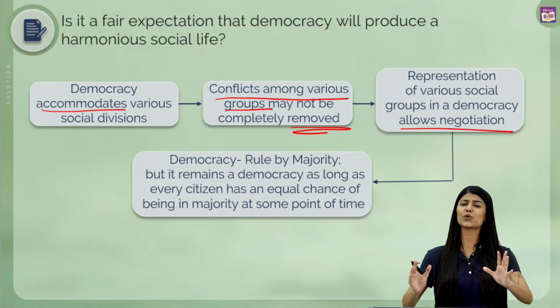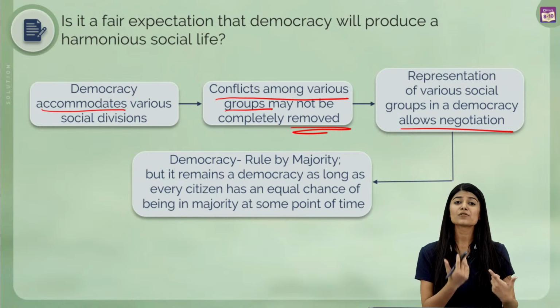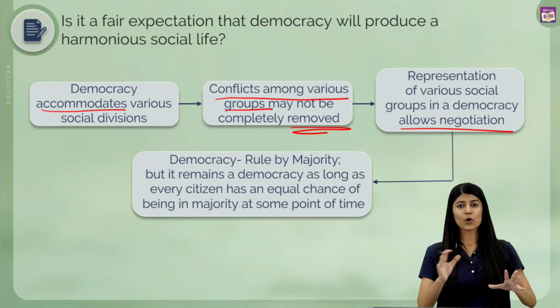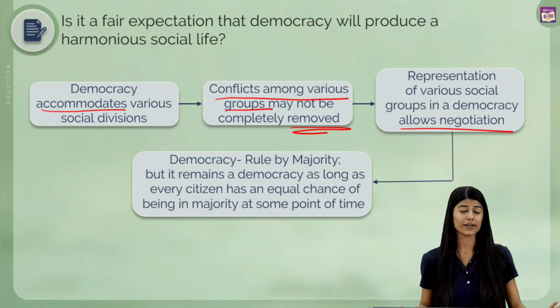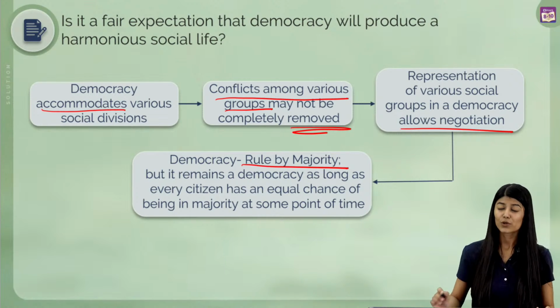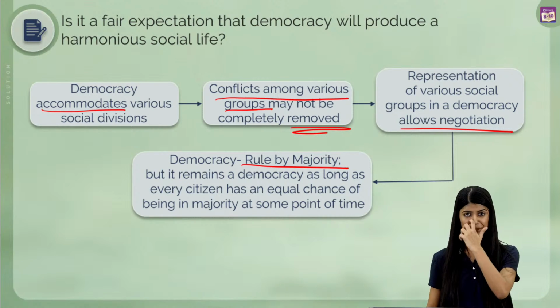But still, in many countries we have seen different social groups, with a dominant group which we call the majority community. But what does democracy say? Rule by majority. Now what does this mean?